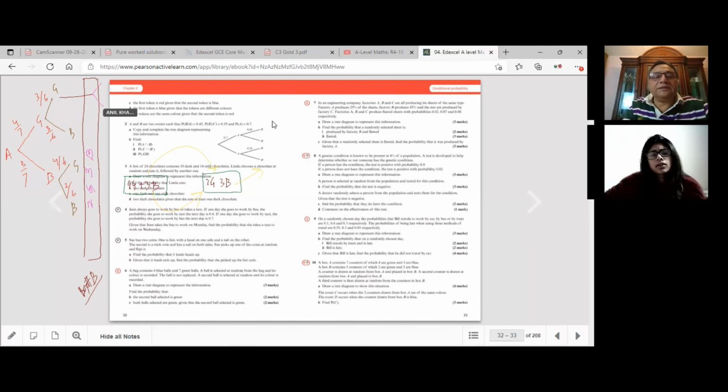The greens, which were earlier 2, now became 4, because 2 greens were drawn and there are 2 in box B. And the total number increased by 2, so it is 7. You see how we have drawn this green?